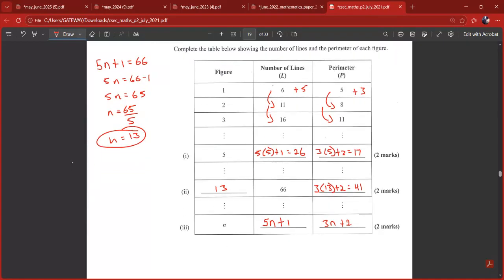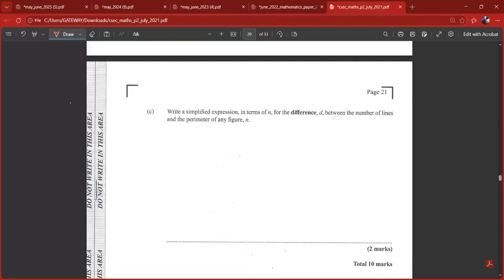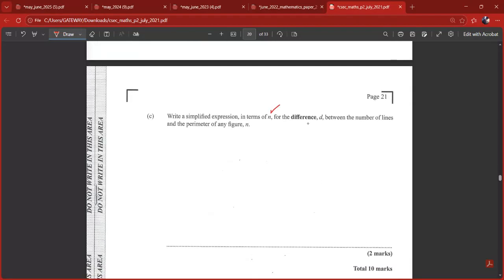Right? And then the last part here now, they say write the simplified expression in terms of n for the difference between the number of lines and the perimeter of any figure. So we basically find the difference between the formulas. So that will be d. D is the difference. That is equal to the number of lines, which would have given you the larger value. So that's why I say this minus the perimeter, because the perimeter would have yielded the smaller value.